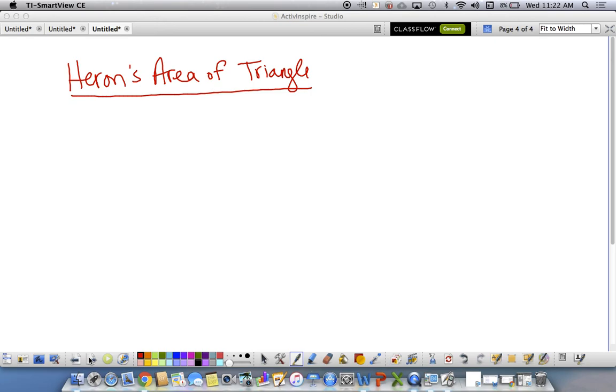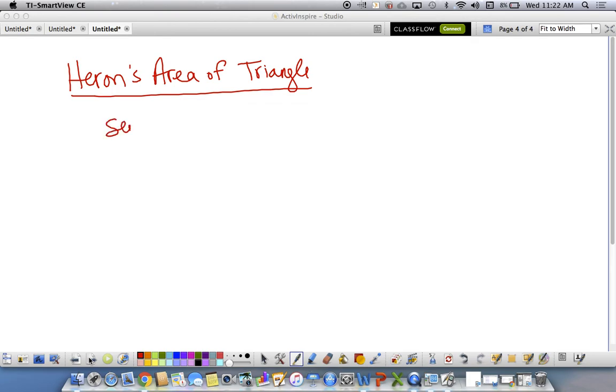Okay? Heron's formula for the area of a triangle if we only have the sides. I will give you this formula because this is one that I don't always have memorized. Heron's formula says if you have the 3 sides of a triangle, A, B, and C, it has a semi-perimeter.